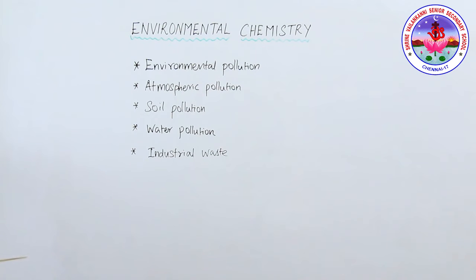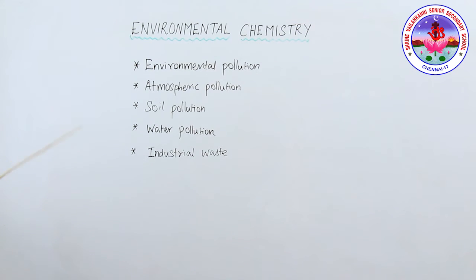For example, DDT, which is dichloro diphenyl trichloroethane, plastic materials, heavy metals, many chemicals and nuclear waste. These cause environmental pollution.